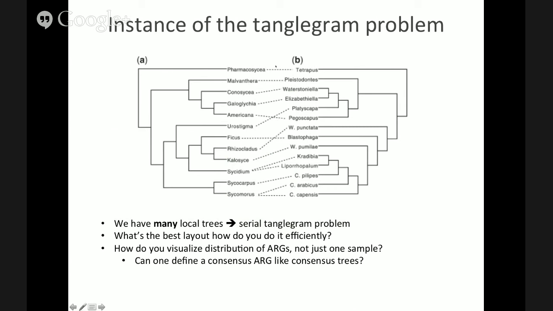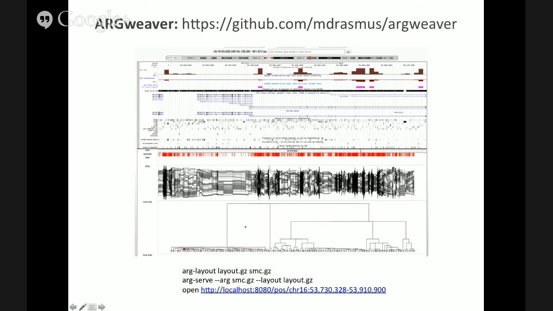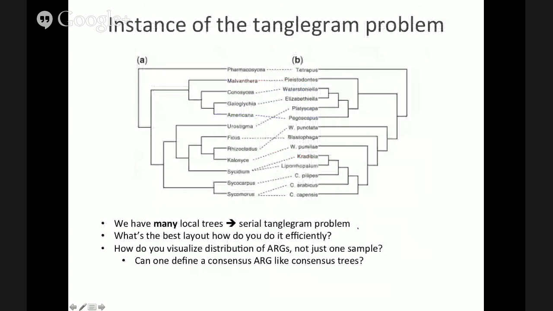This shows up with gene tree, species tree reconstruction, and also with comparing species trees, and there are many algorithms for laying out trees to incur the fewest number of crossovers. This is actually a more complicated version of the problem because we have many local trees, and I've seen people describe this as the serial tanglegram problem.